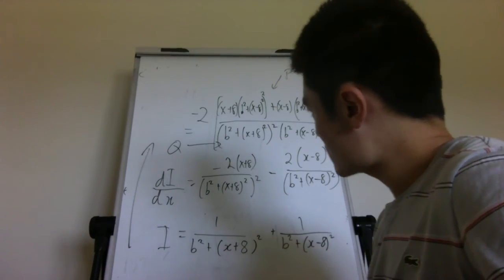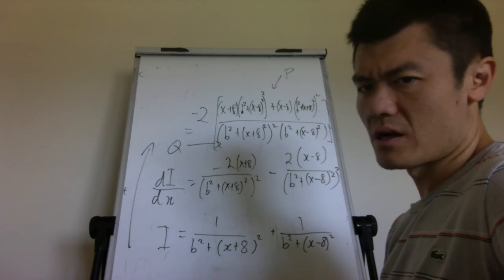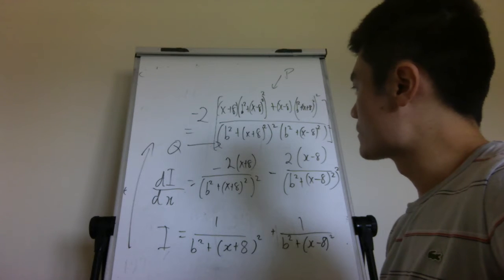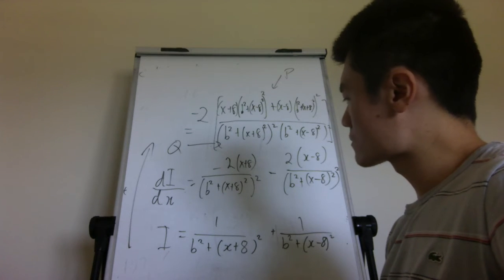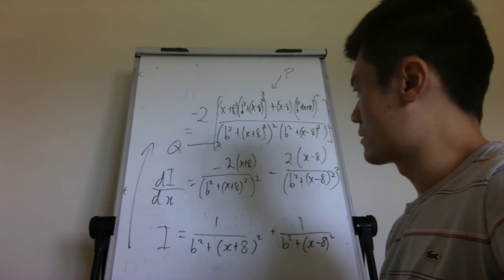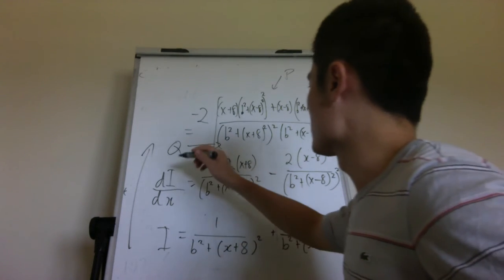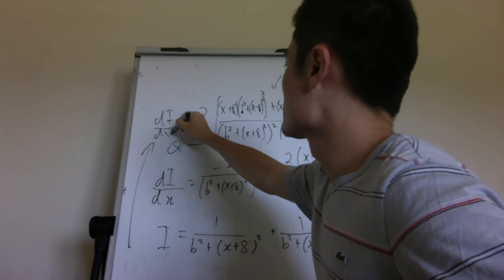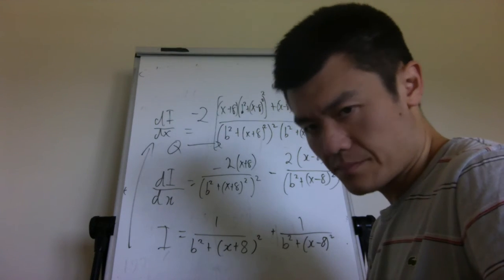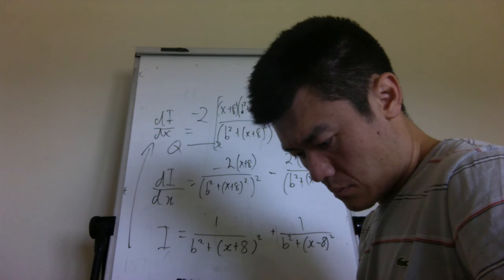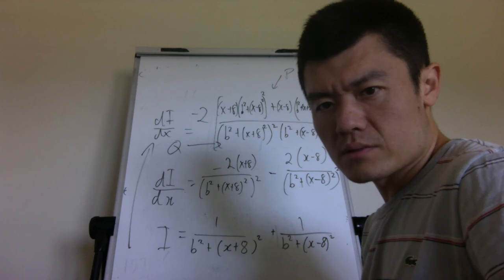You might be running out of time at this point in the exam, so you don't want to write too much, as long as it's clear what you're doing. So you've shown that dI/dx is equal to this. Then I'll do parts 2 and 3 separately.